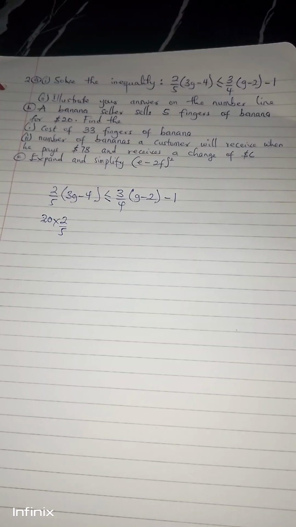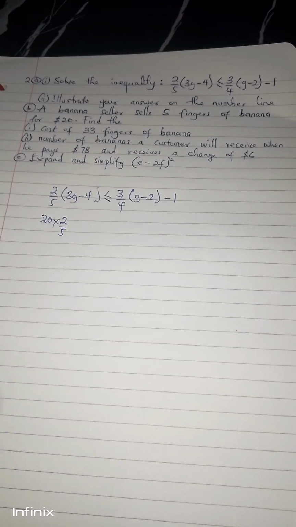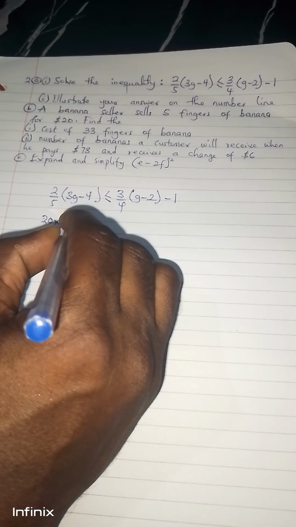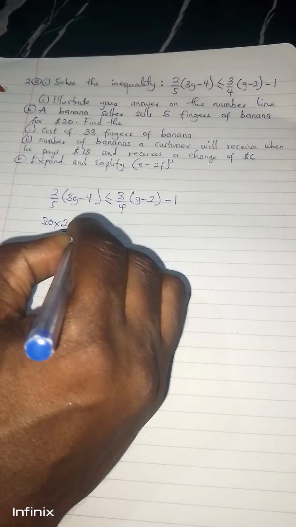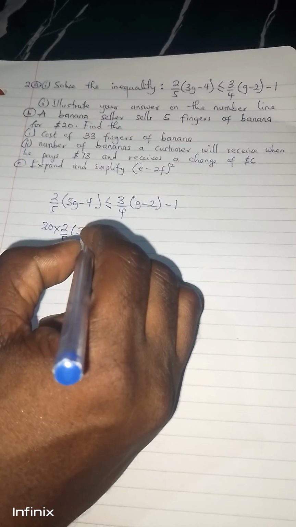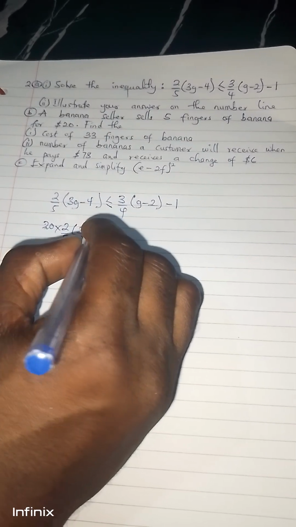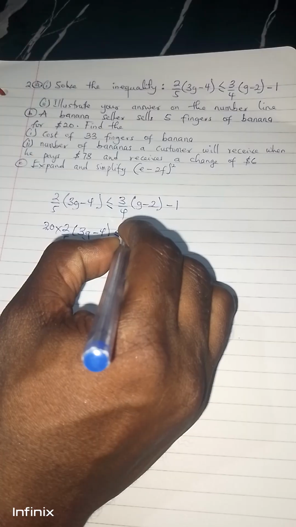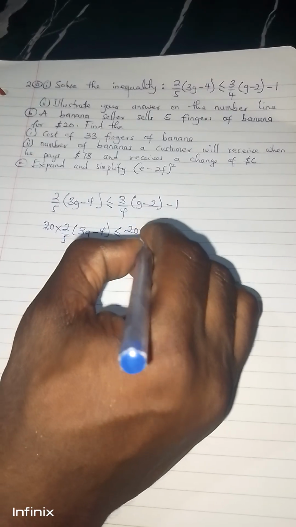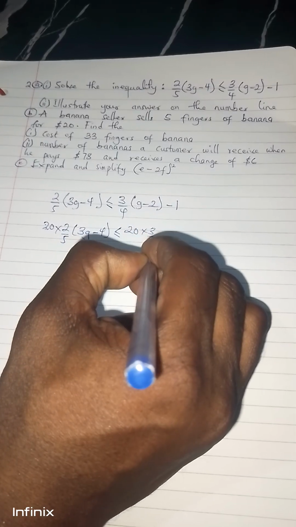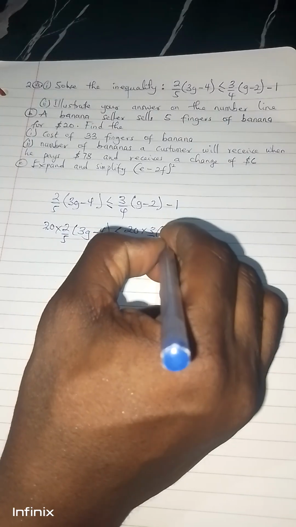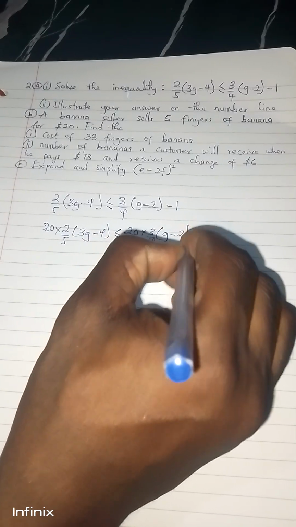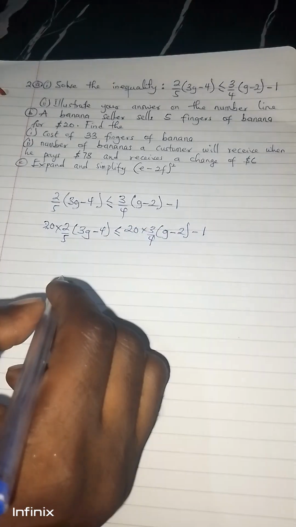Then you have bracket open 3 gen minus 4, less than or equal to 20 times 3 over 4. Then bracket open gen minus 2 minus 1.